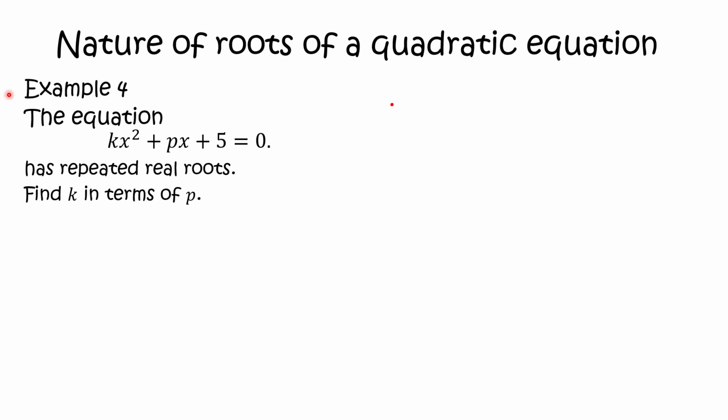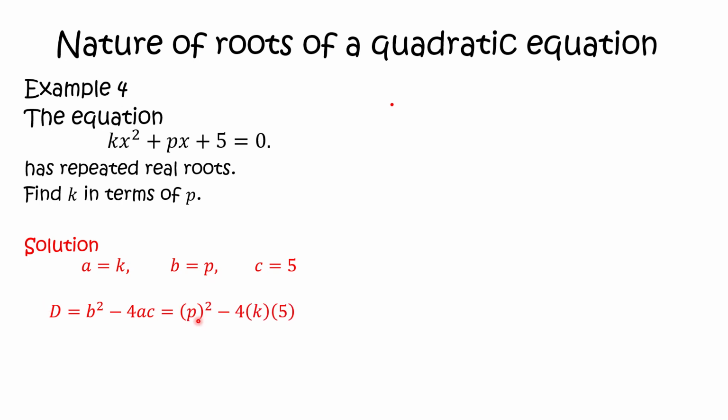Let's look at example 4. The equation kx squared plus px plus 5 is equal to 0 has repeated real roots. Find k in terms of p. So the solution over here, a is k, b is p, c is 5.